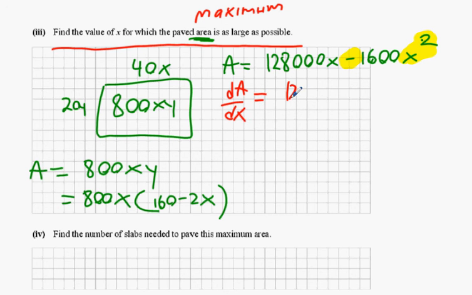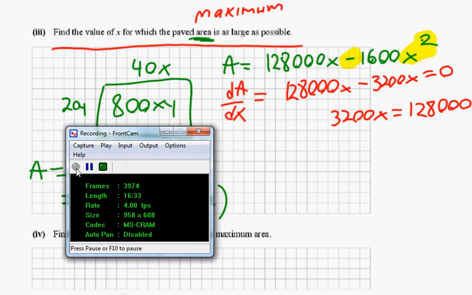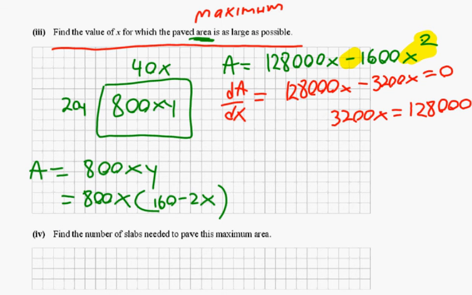What's the answer then? 128,000, yeah? Minus 3,200x equals 0. 3,200x equals 128,000. What? Okay.